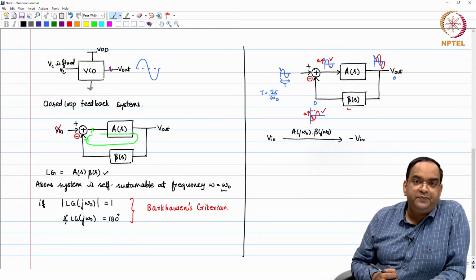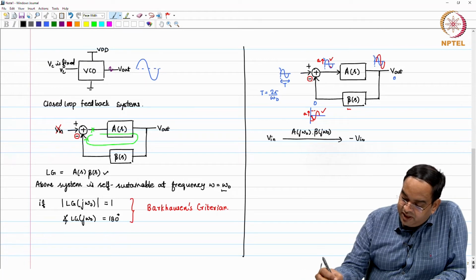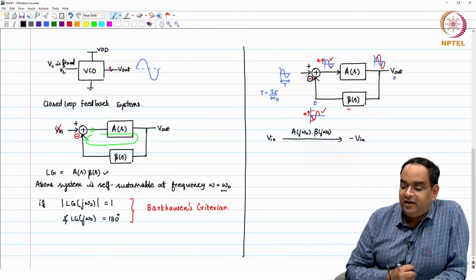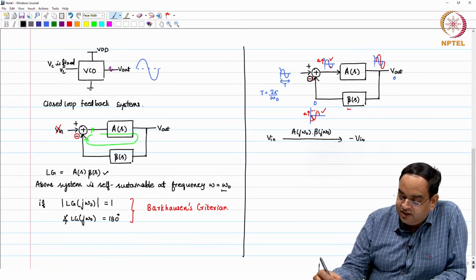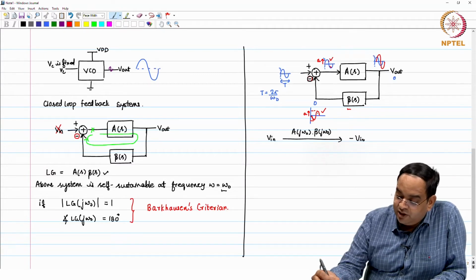If I get that minus V in and you have a negative sign sitting here, this negative will invert the signal and you are going to get the same signal here.